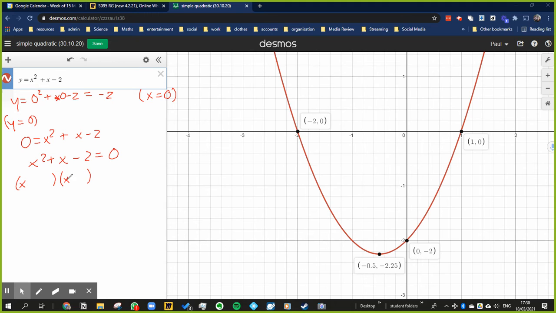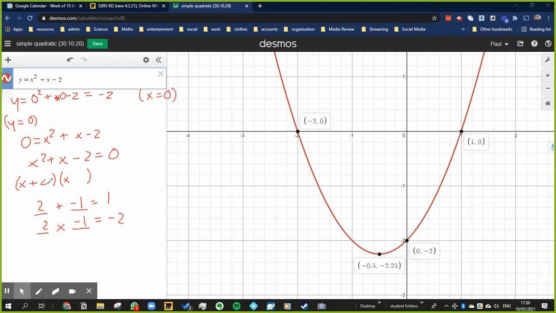We want 2 values that add to give b, which in this case is 1, and times to give c, which in this case is -2. So it's going to be 2 and -1. When you add them together, they give 1. When you times them together, they give -2.